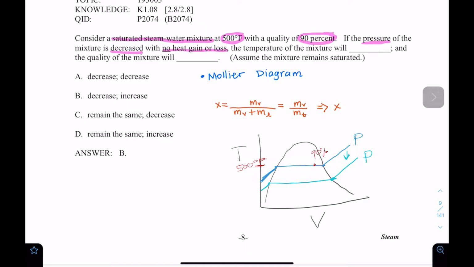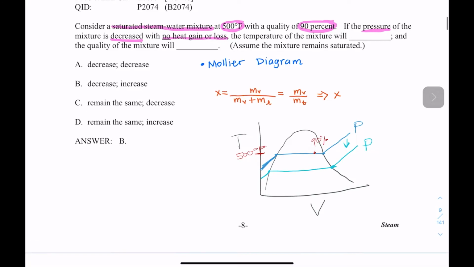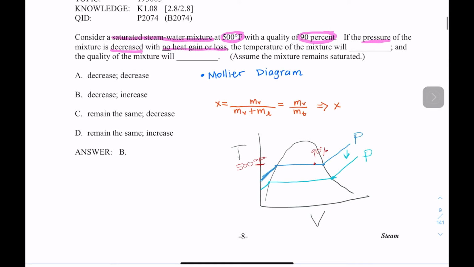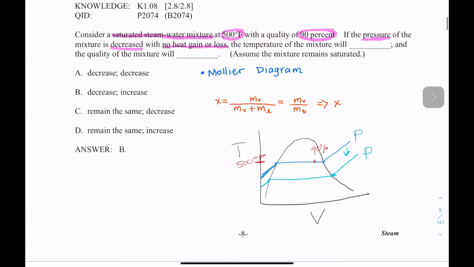Now if we want to calculate the quality, if we are removing heat from this mixture, we are turning some of the vapor into liquid. That's what's happening, right?